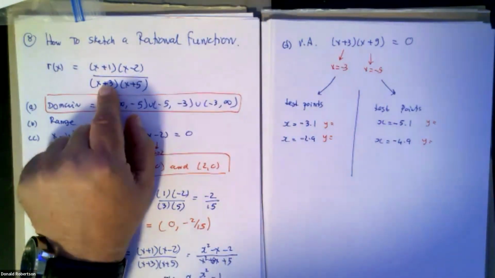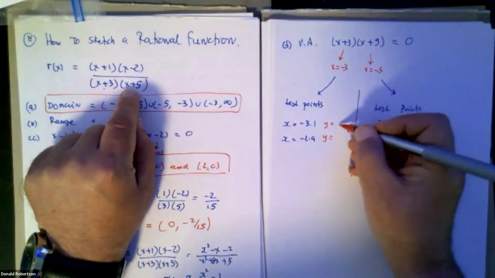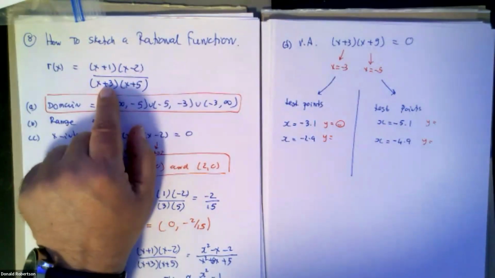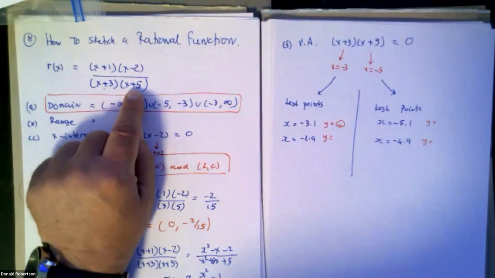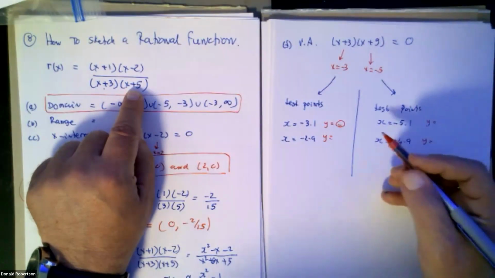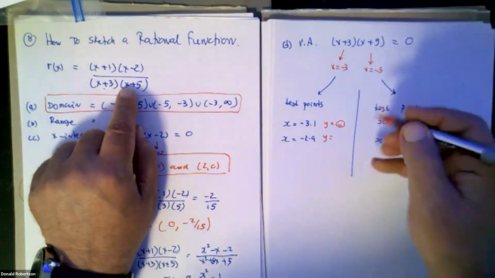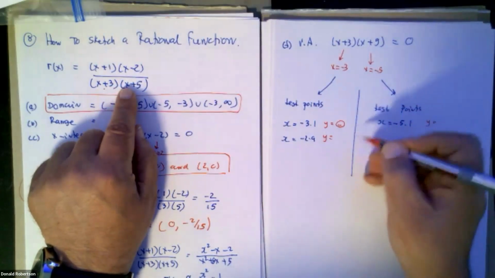Negative. We're going to get a negative answer there. And negative. You're going to get here positive. Let me check this one. Negative. That's negative. Positive. Okay.